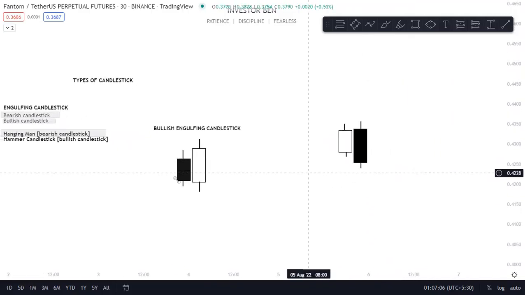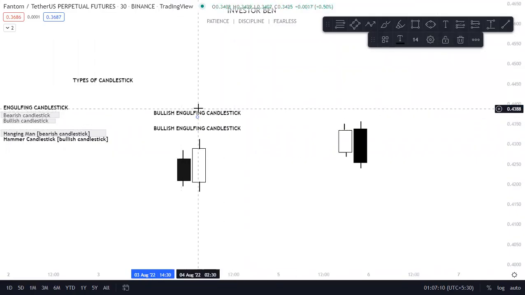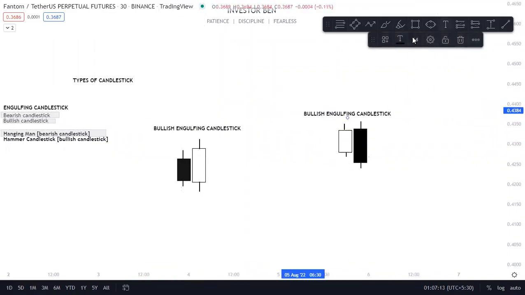Okay, so it's the opposites. This one is the bullish, right? That one is the bearish candlestick, the bearish engulfing.